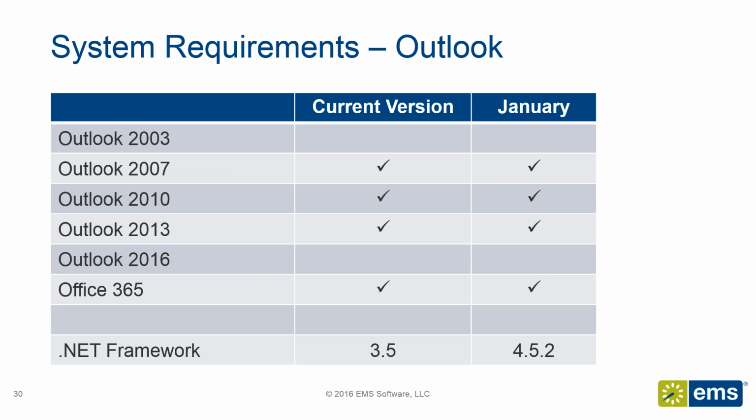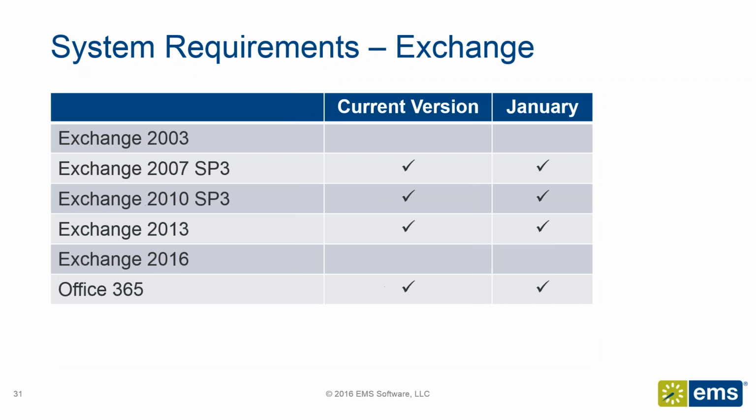With January, we will not support that. We have not added the support for 2016 in this release, but we'll add that in the next release. Notice that the .NET Framework version has moved up from 3.5 to 4.5.2, even for Outlook. Exchange, we support 2007, 2010, 2013.